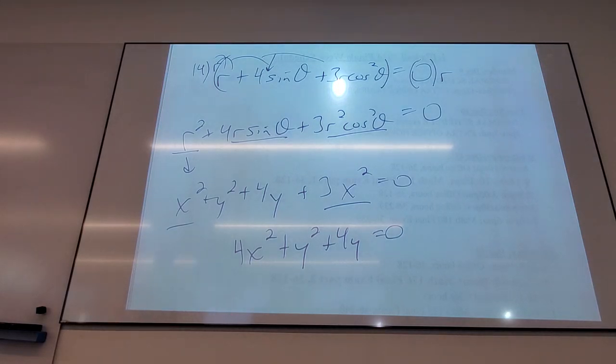Why is it not a circle? Coefficients are not the same, so what is it? An ellipse. But on the test, I would have you stop there, because we didn't officially do conic sections. Here you'd have to complete the square. I think I did it on the answer key, just because I couldn't stop myself.